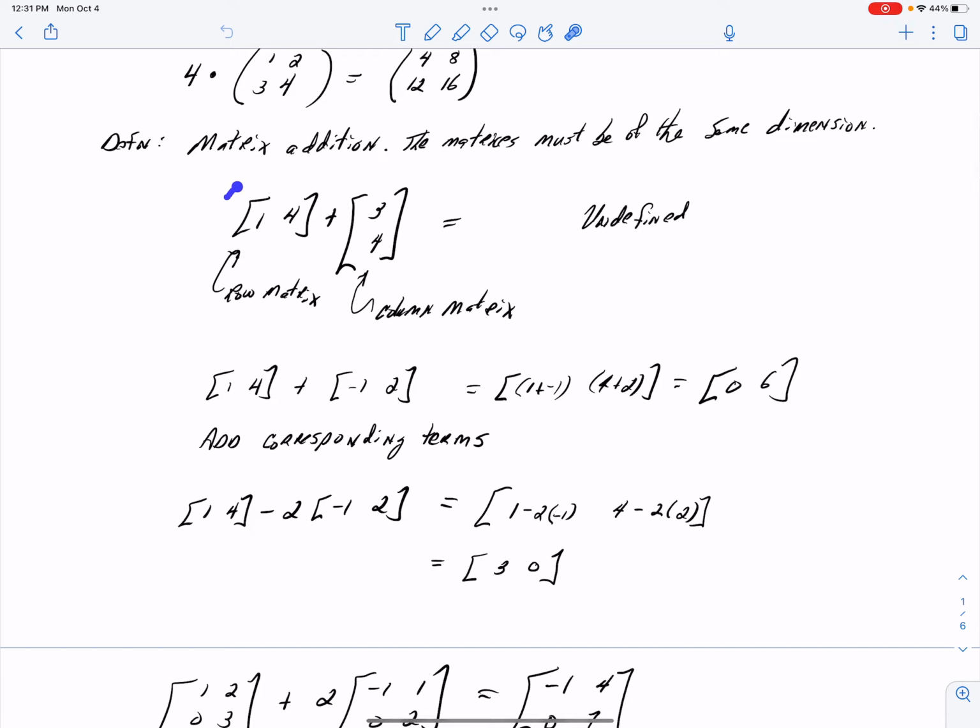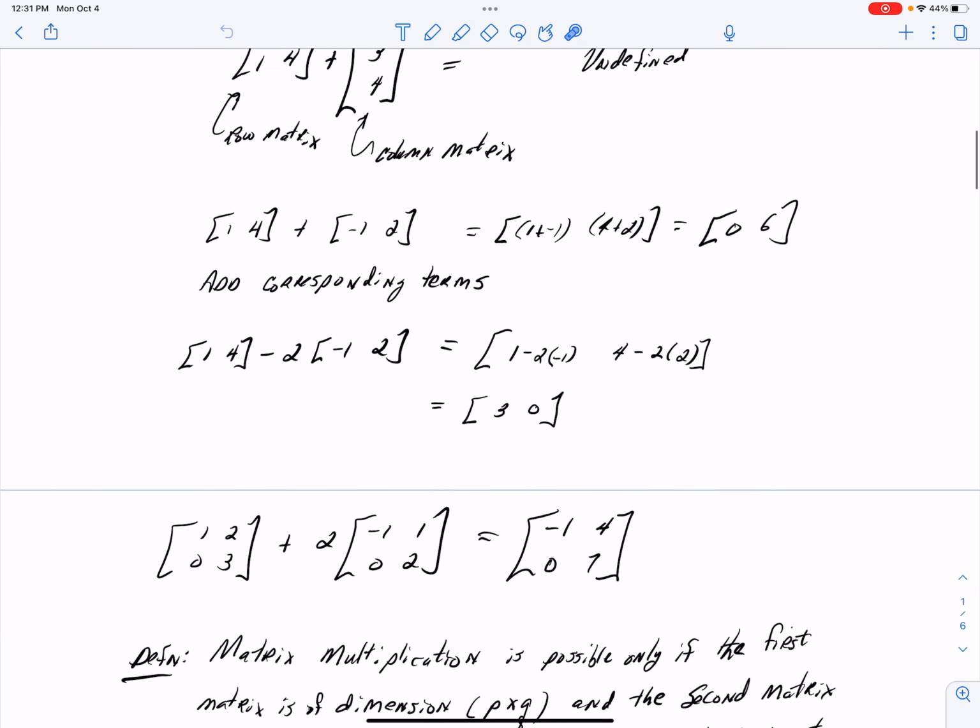So if I take this matrix, 1, 4, a matrix that consists of only one row, by the way, we call a matrix like that a row matrix, get it? If I try to add the column matrix 3, 4, I cannot do it because the dimensions don't match up. You have to have the same number of rows and columns.